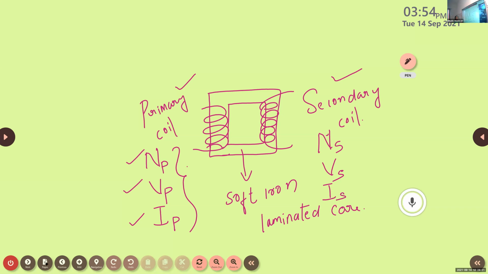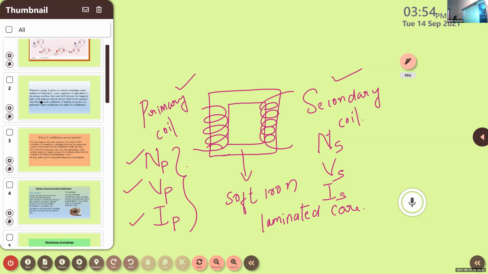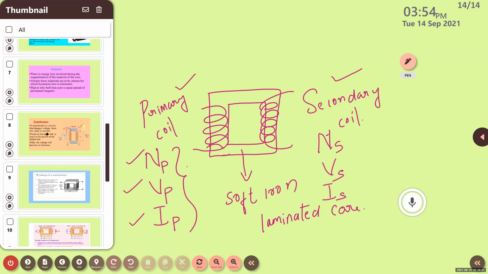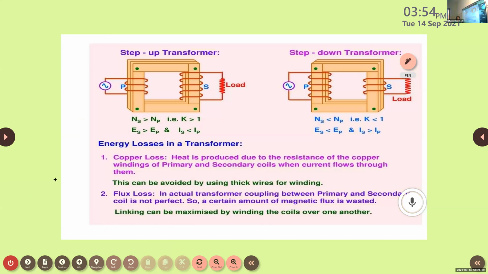They are the step-up transformer and the step-down transformer. So we can discuss them one by one.